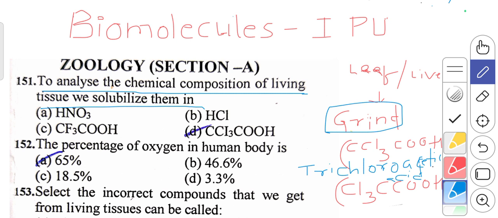With that, we will get a paste. That paste has to be filtered. After filtering the paste obtained from this living tissue, we will get two different substances. One will be the retentate, another one will be the filtrate.